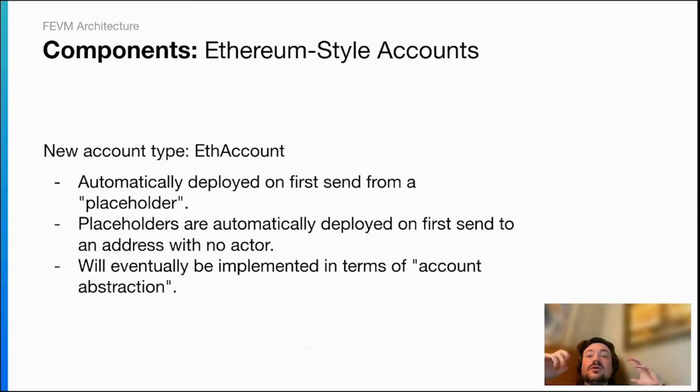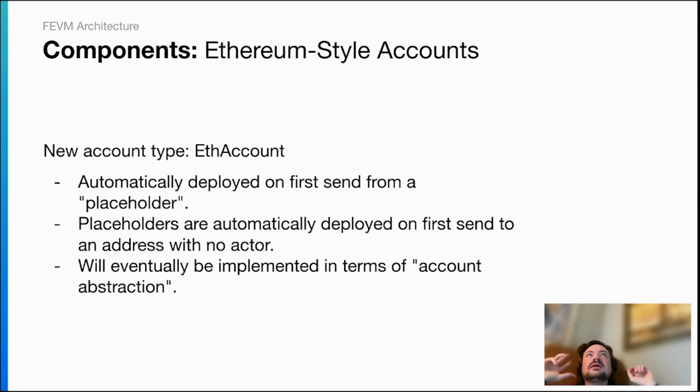Okay, Ethereum style accounts. This is the final component. I'm sorry, this is taking a long time, but there's a lot of pieces here. Ethereum style accounts is this new account type we've added to the FVM and to Filecoin in general. Basically, the way these work is if you send funds to an F4 address that doesn't have any account there, it's empty, it'll create a placeholder, as I've already said.